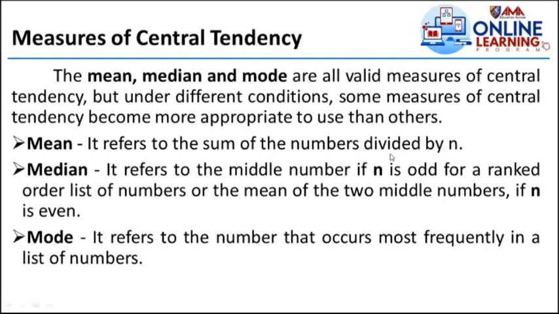While median refers to the middle number if n is odd, for a rank order list of numbers, or the mean of the two middle numbers if n is even. Okay? Mode refers to a number that occurs most frequently in a list of numbers.